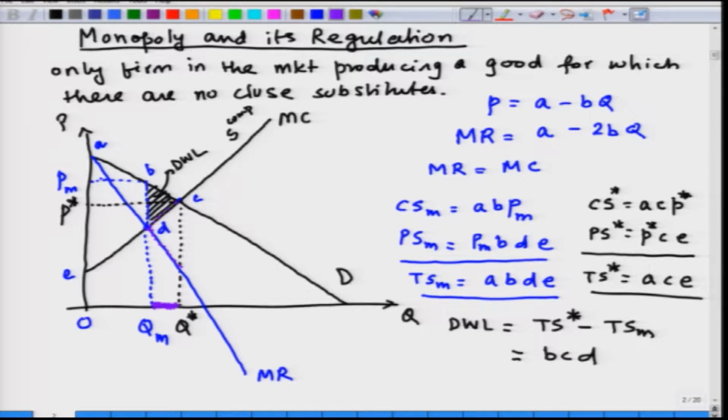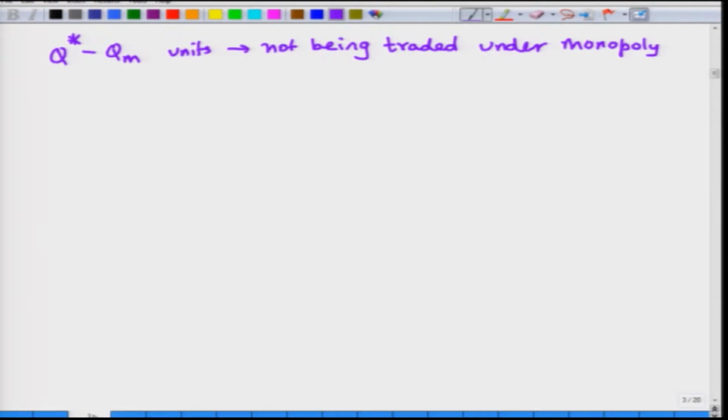So, the monopolist is stopping at the level QM, because for the QMth unit the marginal revenue just becomes equal to marginal cost. For units between QM and Q star, the marginal revenue is less than the marginal cost, which is why those units are not being traded.